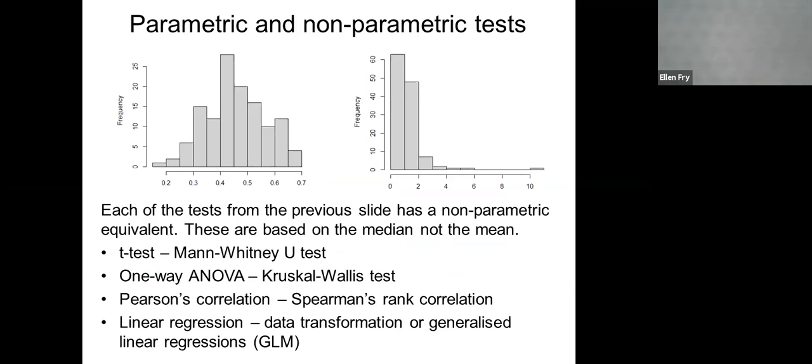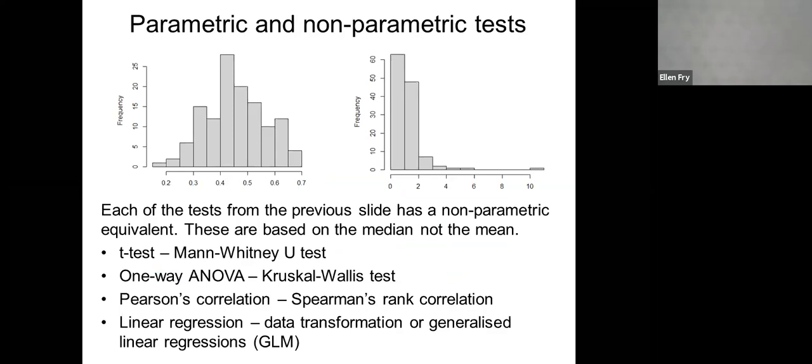So the tests I just introduced you to are called parametric tests. A parameter is a property of the data, like its mean and standard deviation. Now, if our data set displays central tendency, like in this graph on the left, with the mean near the center of the data set and the data spread evenly around it, we can use a parametric test.